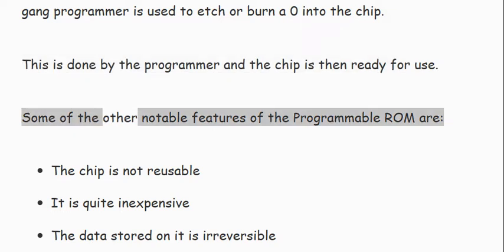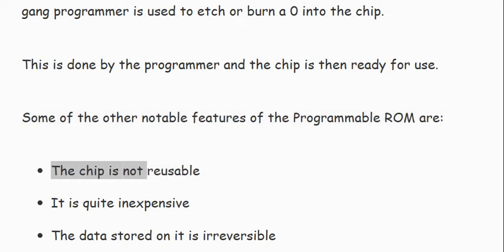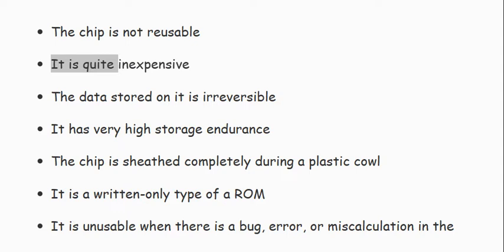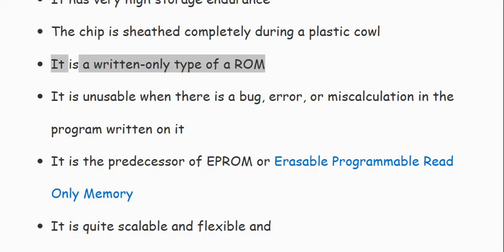Some of the other notable features of the programmable ROM are: the chip is not reusable. It is quite inexpensive. The data stored on it is irreversible. It has very high storage endurance. The chip is sheathed completely in a plastic cover. It is a write-only type of ROM.